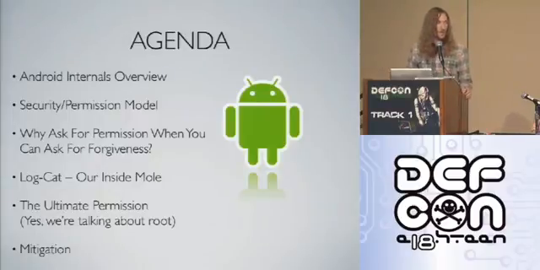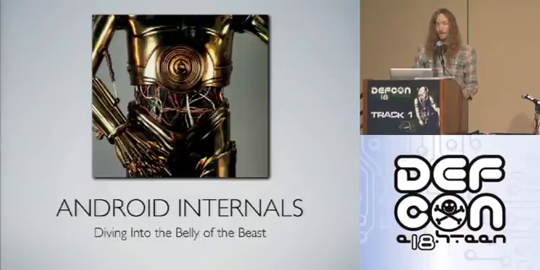At that point, we'll talk about some of the fun things that we can do with permissions and without permissions, and then talk about how we can use the system logging to leverage a lot of stuff as well. And then we're going to talk a little bit about rooting Android phones and some of the fun things with that, and then of course mitigation and what we can do to approach these problems. So first thing, Android internals.